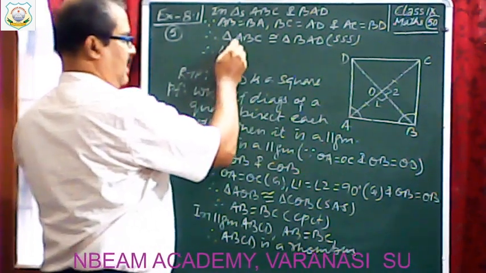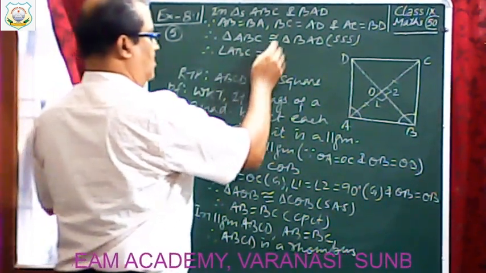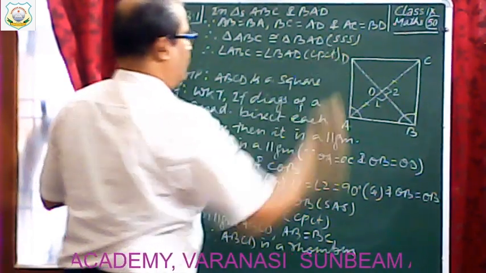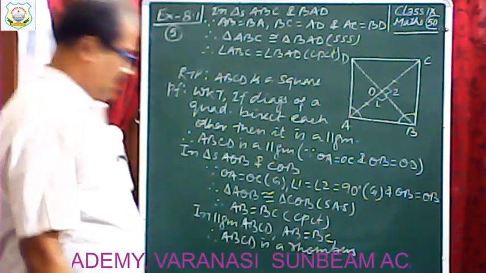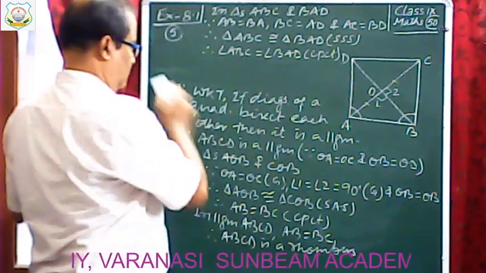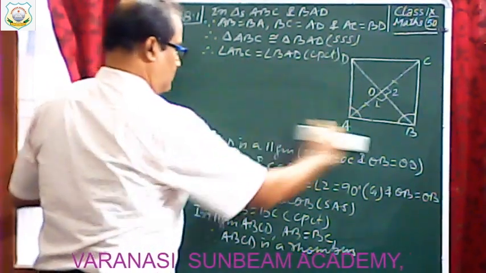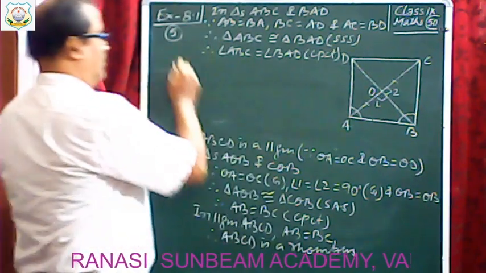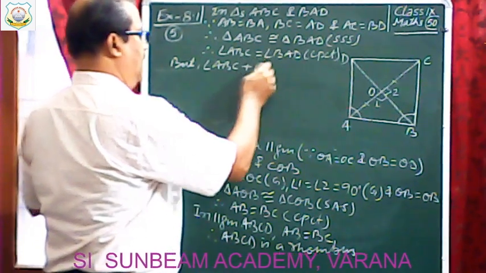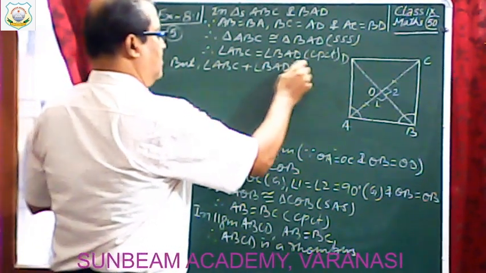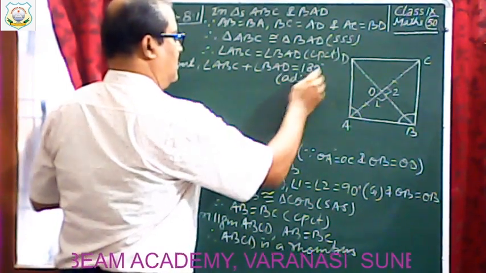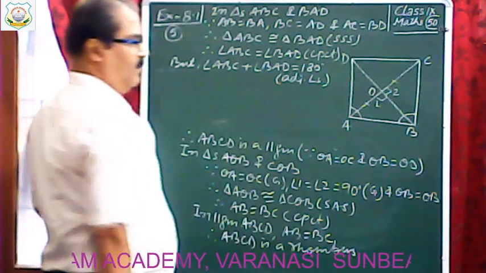So therefore, angle ABC equal to angle BAD, CPCT. But angle ABC plus angle BAD equal to 180 degree, adjacent angles of rhombus.